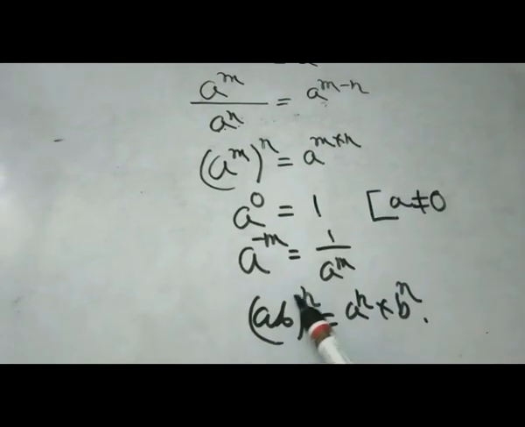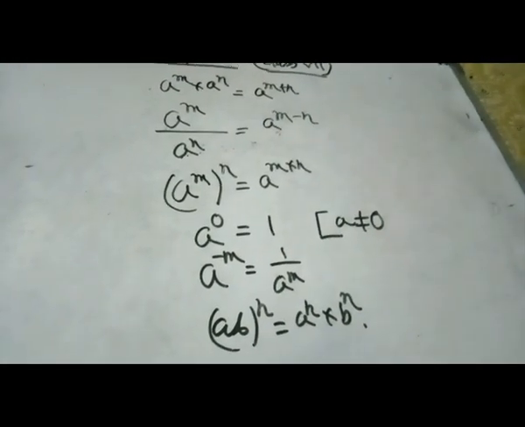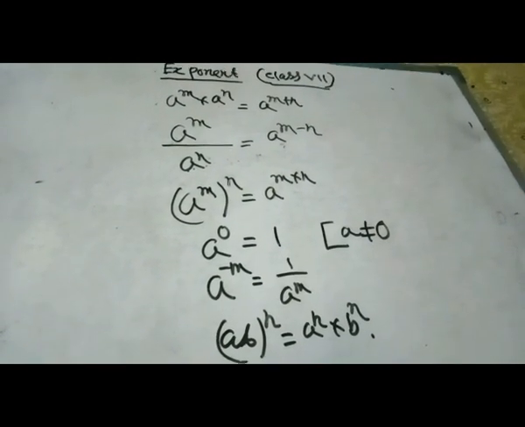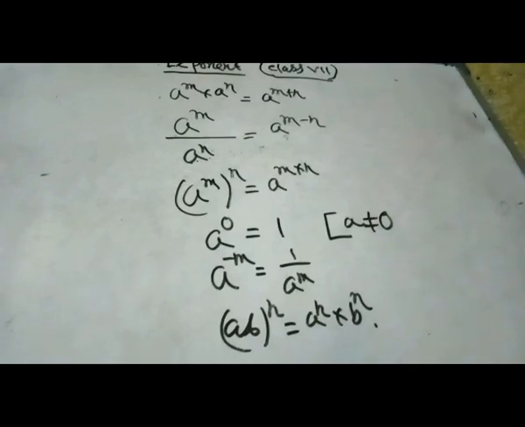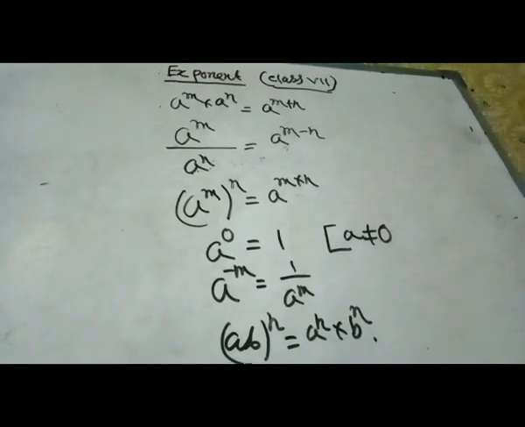Here the power will be distributed to both the components. Try to remember all these formulas. Write the formulas in your copy and memorize them. These formulas will help you work out most of the sums from the exercise.